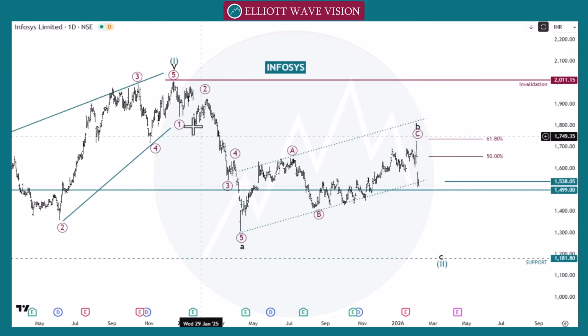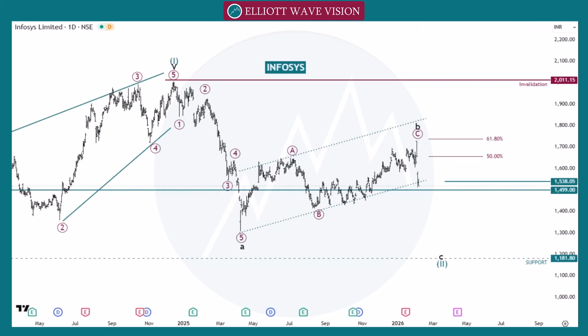Then we shift our count as a wave A, B, C or W, X, Y, 1, 2. That's also possible, but this structure looks more like the corrective pattern. So now we need to wait for the classic trading level pattern at 1500.